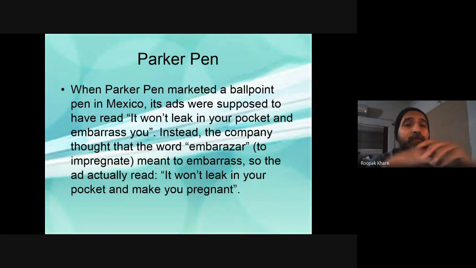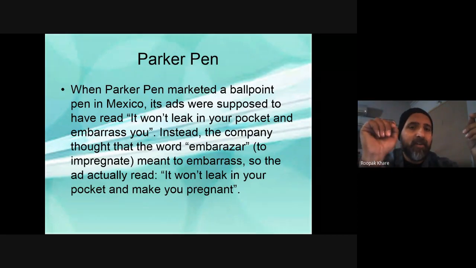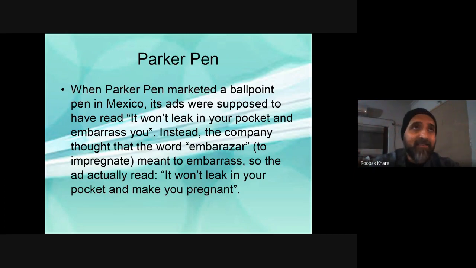There are often pens which leak in your pocket, and your shirts or clothes get dirty. So the Parker Pen company wanted to highlight the quality of their pens, that they don't leak. They used a phrase which said it won't leak in your pocket and embarrass you, but it meant something else altogether in the Mexican language, and hence it failed.